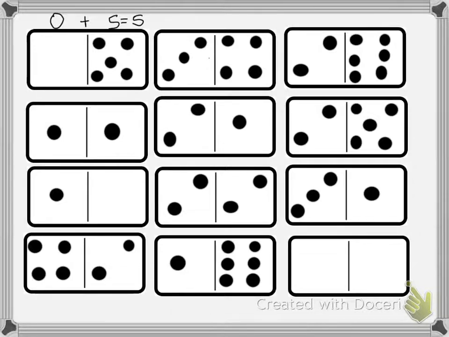The second one we have 3 plus 4 dots. So I have a total of 7 dots on my second domino. The third domino has 2 dots plus 6 dots, which equals 8 dots total.